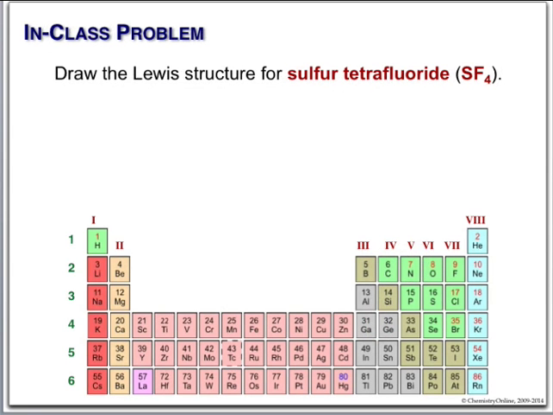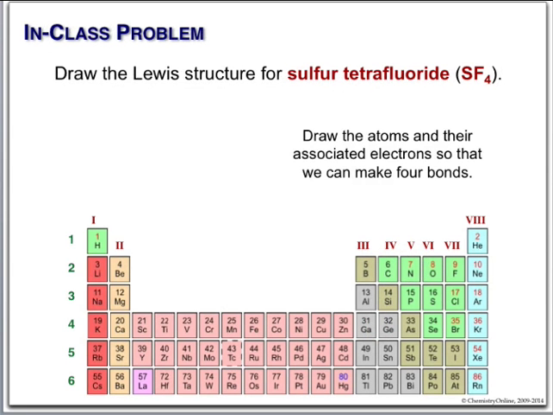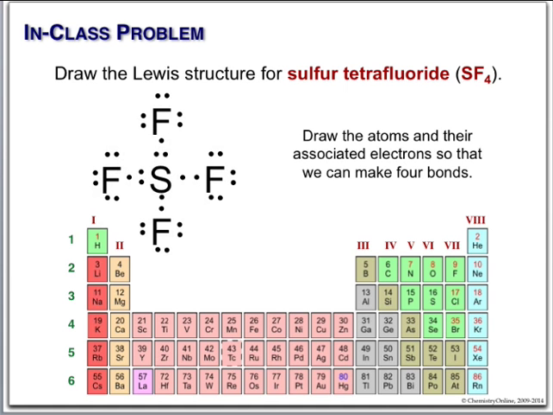I'm going to do SF4 here. Sulfur, right here, third period, group 6. So it will have 6 valence electrons, right? We have 4 fluorines to put around it, and they're each going to have 7. So what we're dealing with is this.